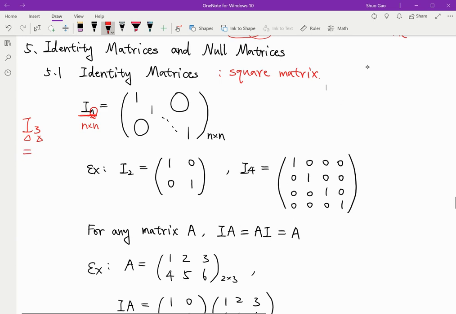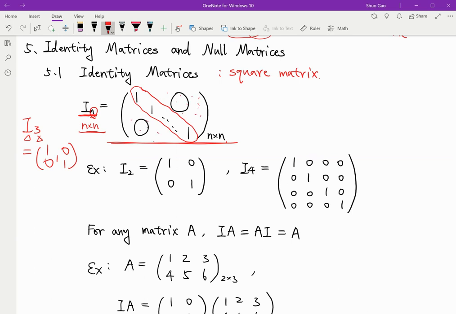So that means this should equal this thing, right? In general, the identity matrix of dimension n, the n by n matrix, should equal this. This matrix means all the diagonal elements are 1, but all the other elements are 0.